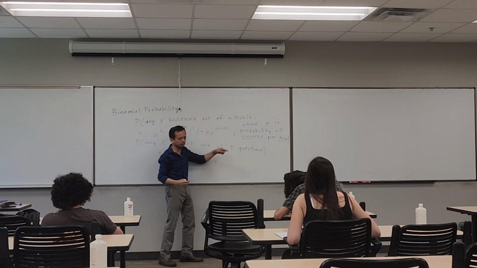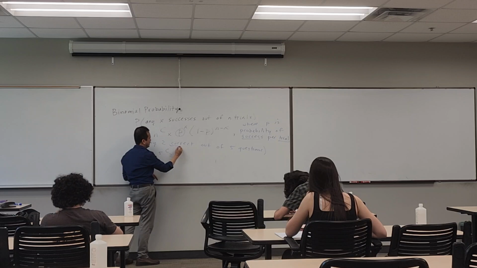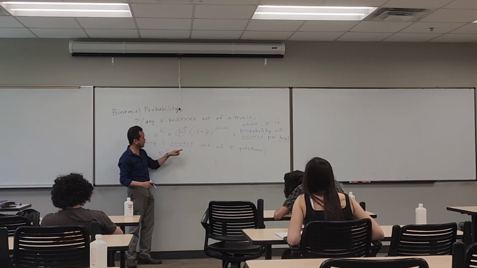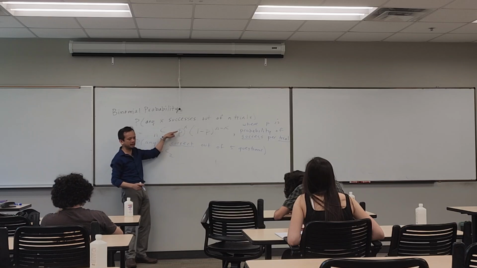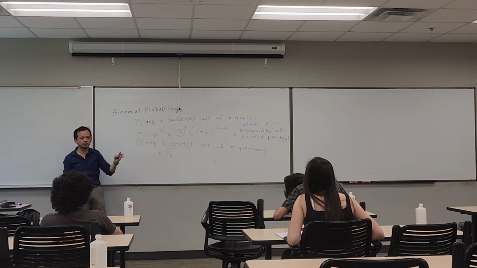So success just means whatever you're keeping track of. So in this case, because you're keeping track of getting 2 questions correct, that's your success here. So the probability of getting a question correct, that's our p here. What would that be? If we have a 5-question multiple choice test and there's 4 choices per question, A, B, C, or D.